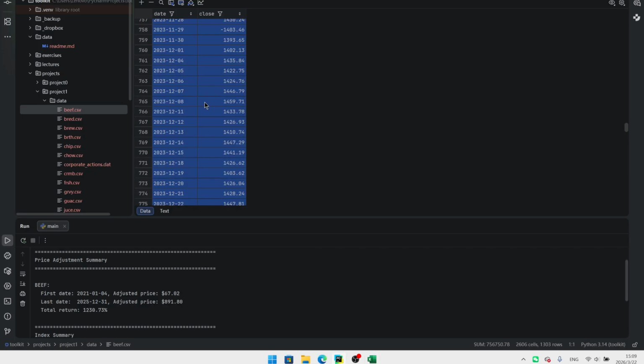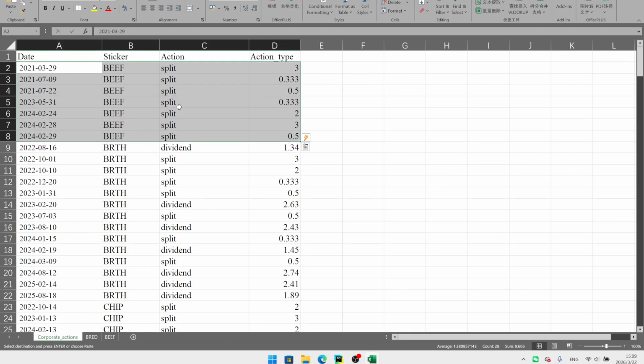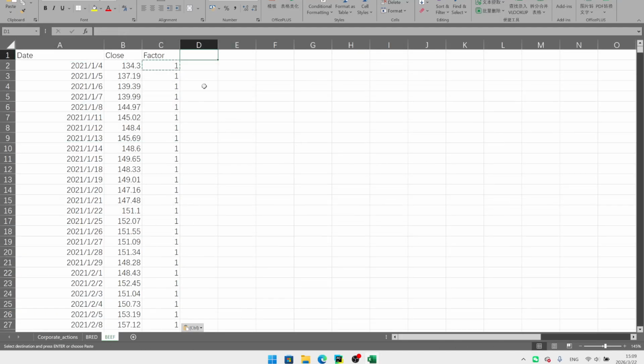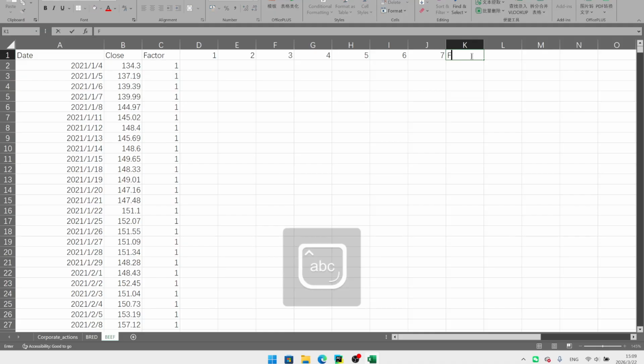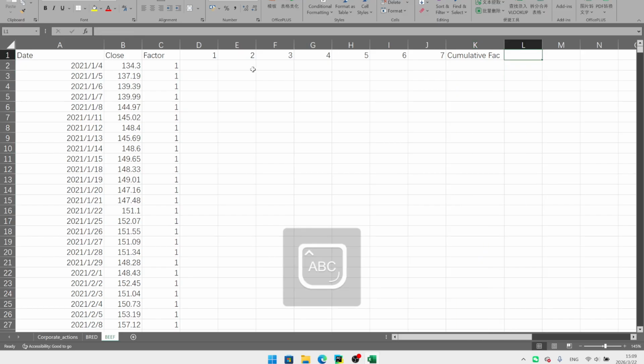There are 1 2 3 4 5 6 7, seven functions, so it contains 1 2 3 4 5 6 7. So yes, the cumulative factor. Apart from that is the adjust price.